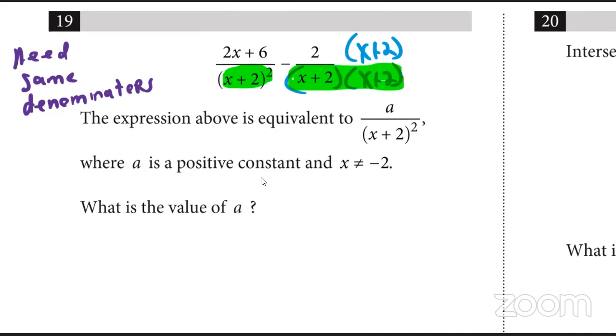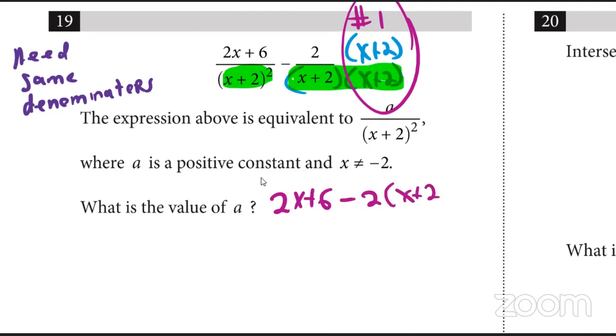Now, once again, we're allowed to do that because this is just the number 1 right here, and we're allowed to multiply anything by the number 1. It's not going to change anything. So we have 2x plus 6 minus 2 parentheses x plus 2 over x plus 2 squared, which is what we want because the answer says it needs to be over x plus 2 squared.